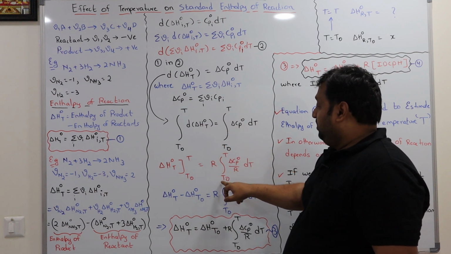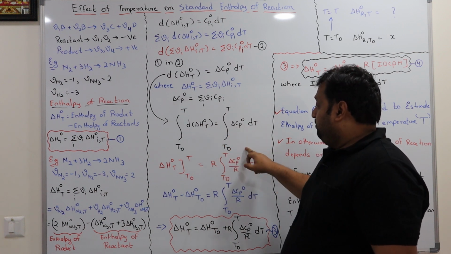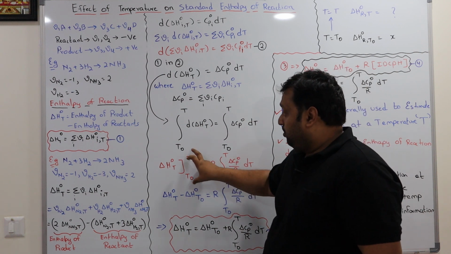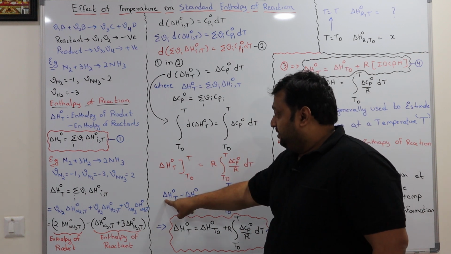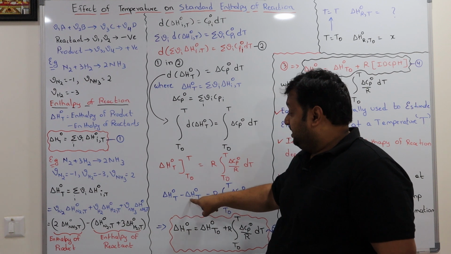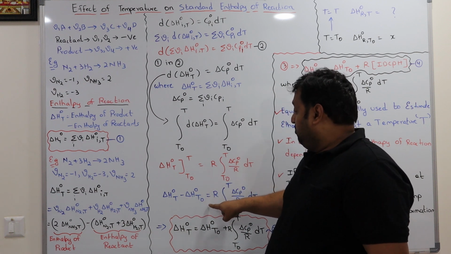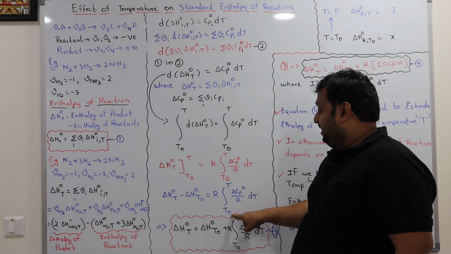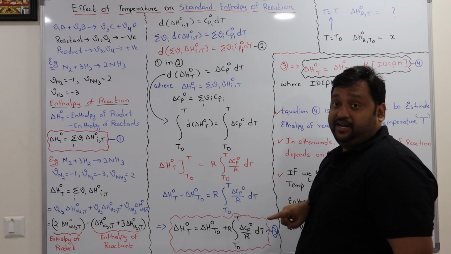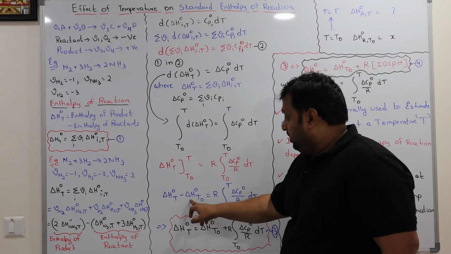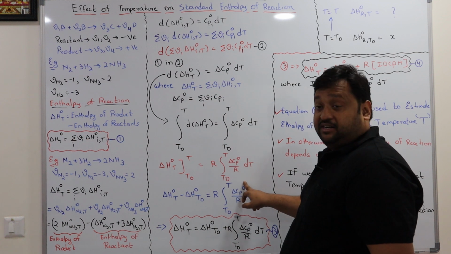So you get R times the integral from T0 to T of delta Cp by R dT. Enthalpy at T minus enthalpy at T0 is equal to R times the integral from T0 to T of delta Cp by R dT. Now take this term onto the right hand side.